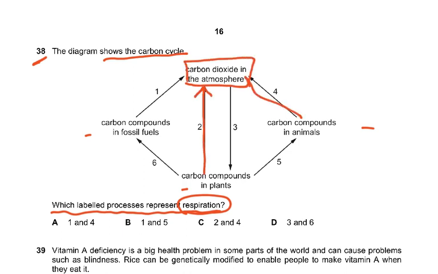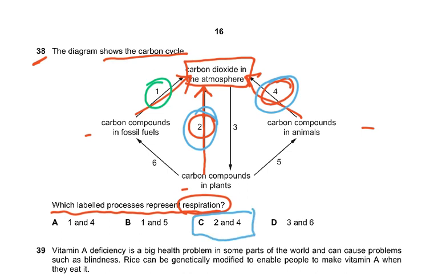This one, and this one. It's 1, 2, and 4. Now carbon compounds in plants, so 2 is respiration. Then carbon compounds in animals, and 4 is respiration. But then what is 1? Carbon compounds in fossil fuel. This is combustion. So it can only be 2 and 4. So the answer is C.